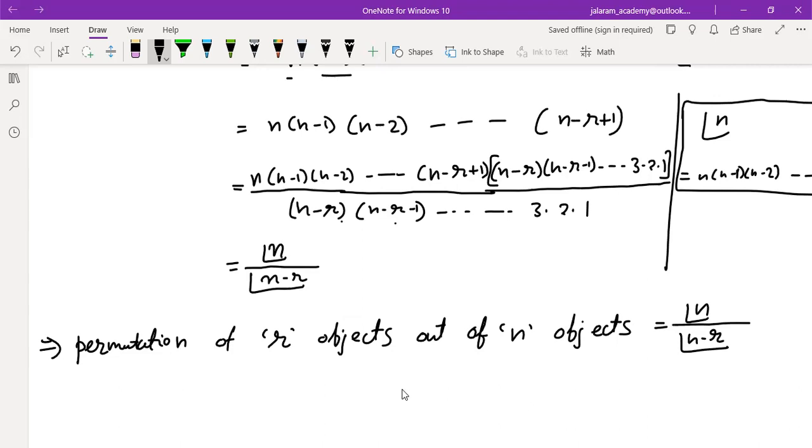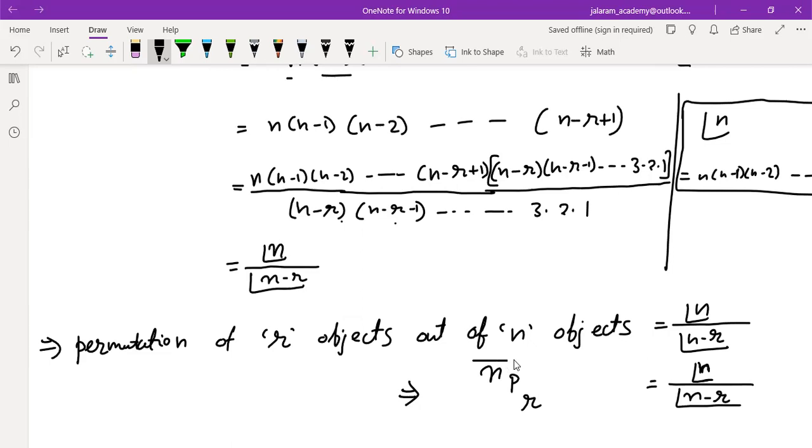Okay, so the symbol for this is given by nPr. Okay, so the formula nPr, meaning permutation of r objects out of n objects, is noted by what? nPr. Is that clear to everyone? Yes, sir. Capital P. nPr means factorial n upon factorial n minus r.